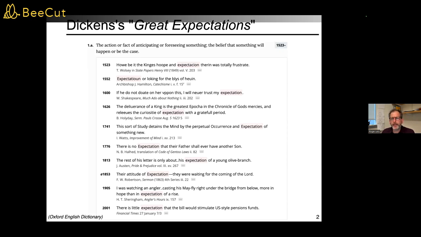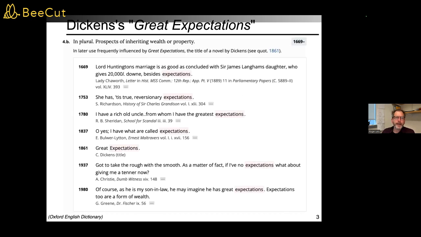The meaning that you're all familiar with, this is from the OED, is of course the action or fact of anticipating something or foreseeing it. That's a primary meaning that is going to matter for today. But interestingly, expectations actually has this other meaning.